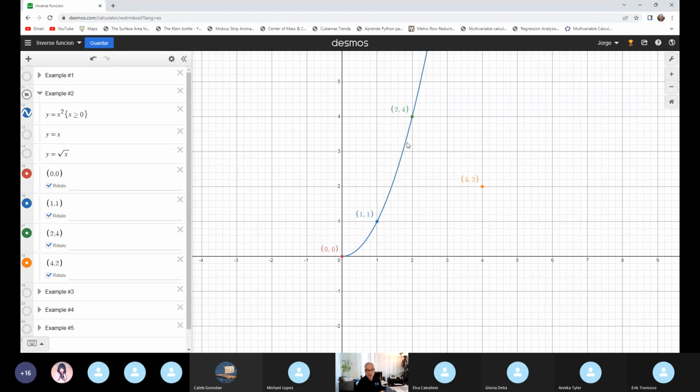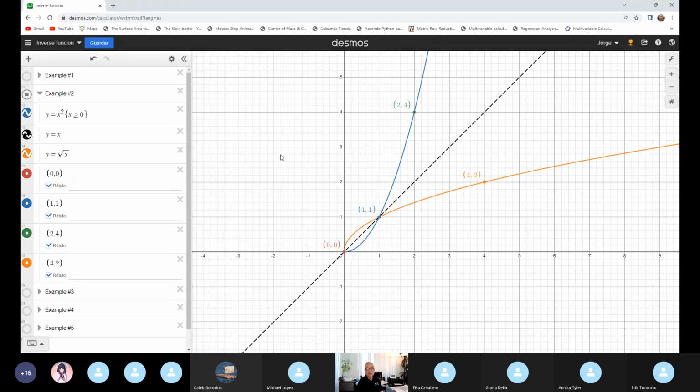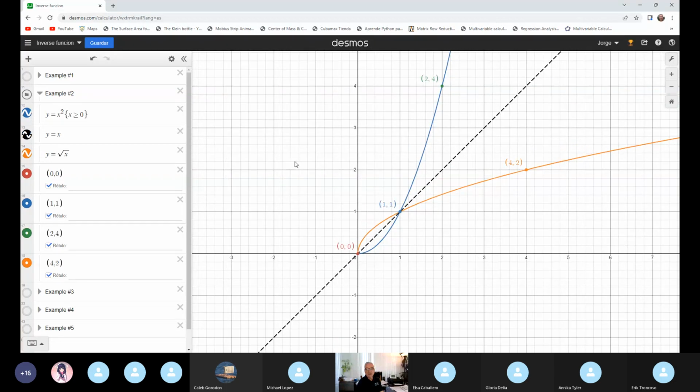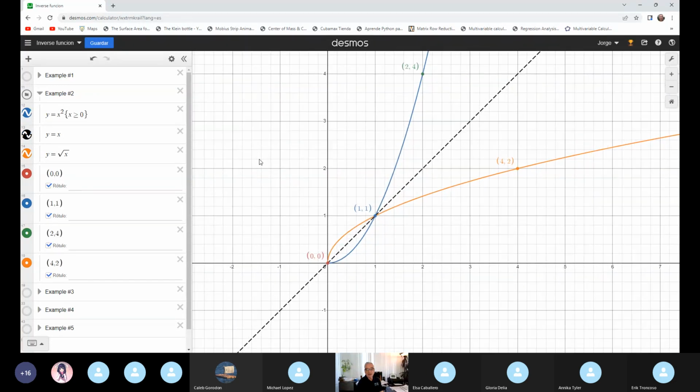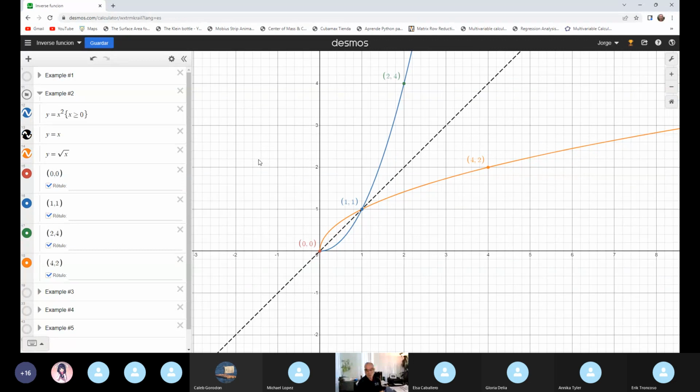But 2 squared is 4. We have 3 points. And likewise, when you interchange x and y, the point 2,4 becomes 4,2 in the square root function. 1,1 stays the same. It's a common point, and 0,0 is a common point. And the identity function, bang, is totally the symmetry line. Cool? Do you understand very well or no?